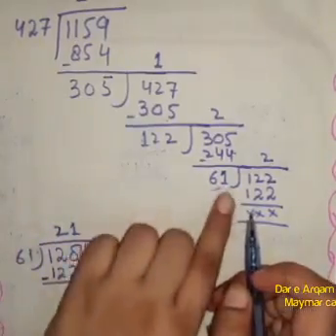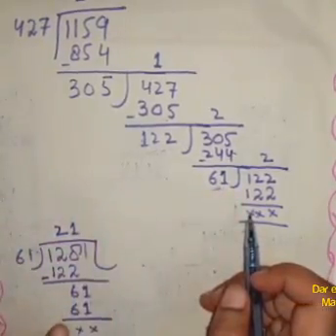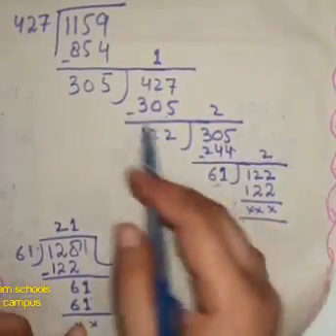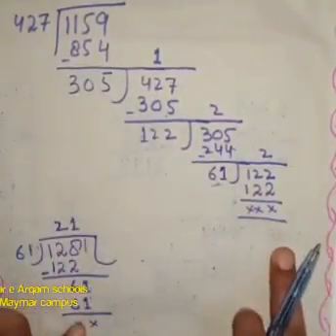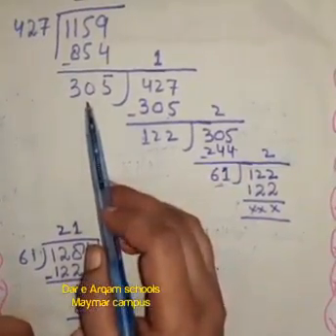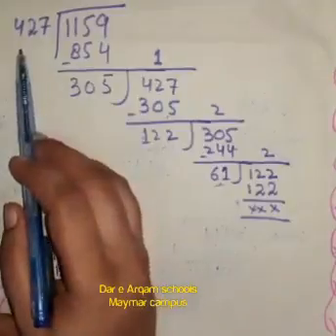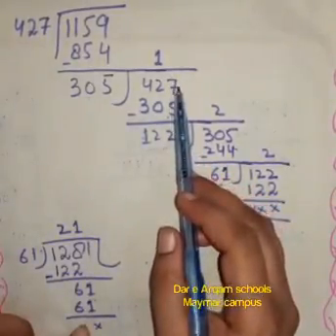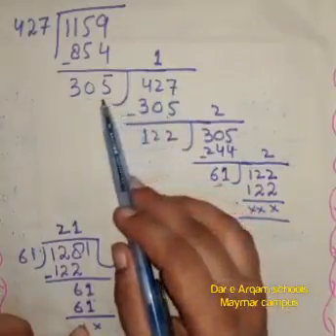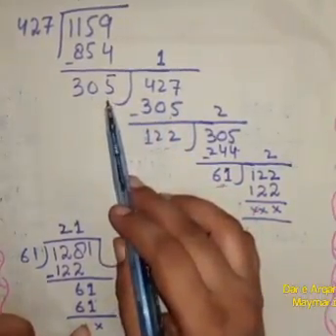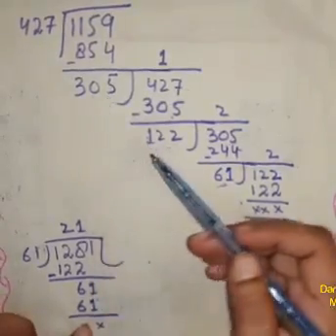If there is no remainder, then it will end here. And if there is a remainder, then the process will continue. Then your remainder will become your divisor, and your divisor will become dividend. The number which is divided is the dividend, and the number with which you divide is the divisor. You know the mathematical terms I told you in my previous lectures.